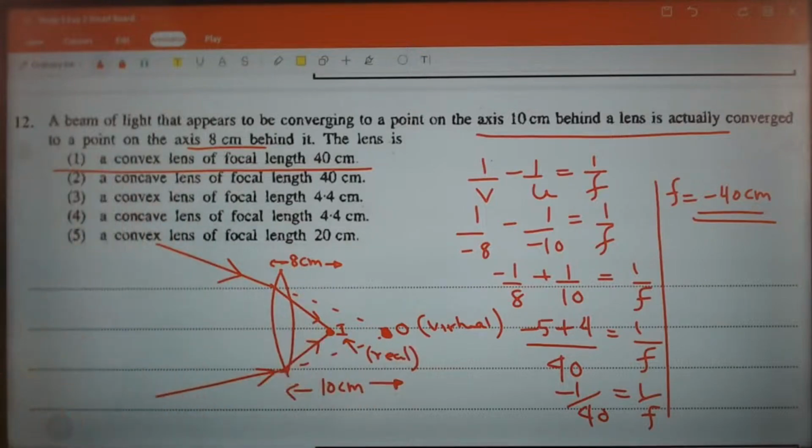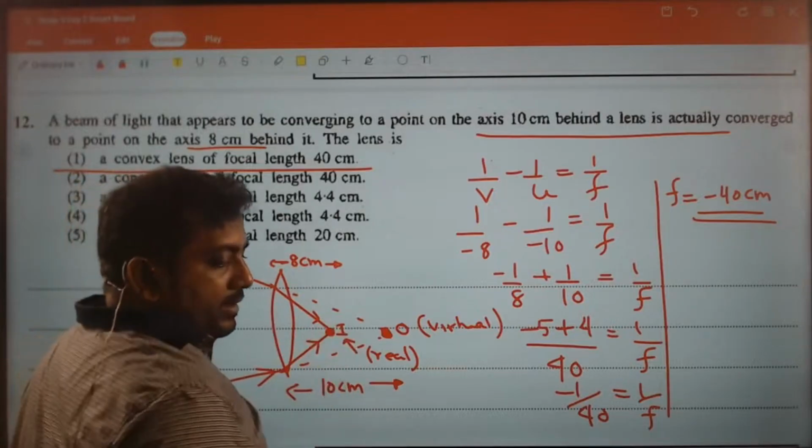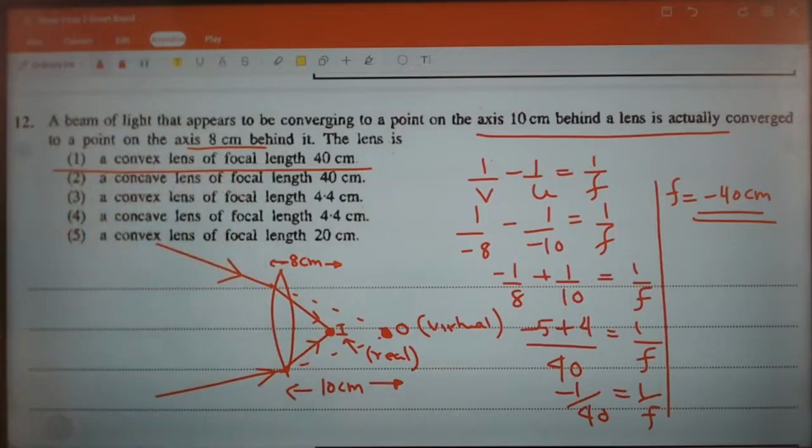And it will actually converge to form a real image. Right.